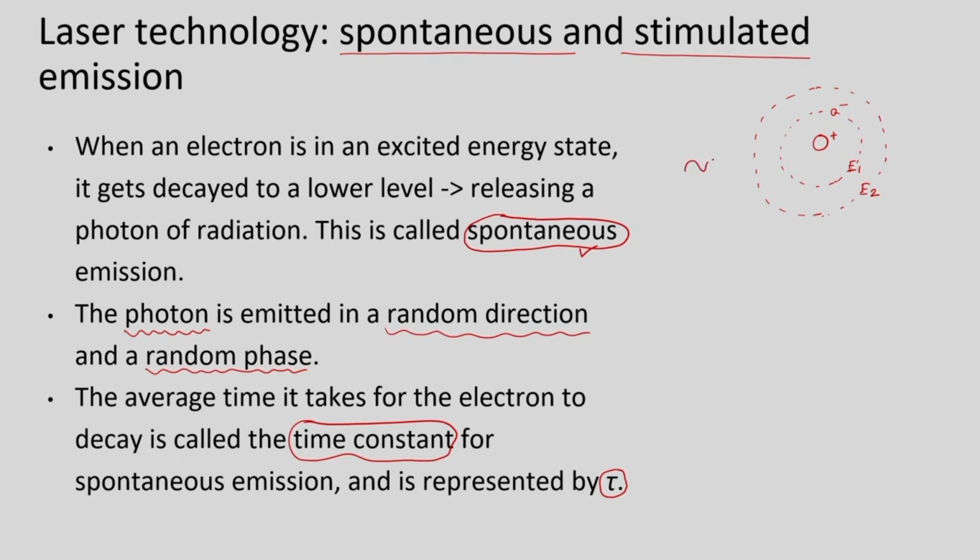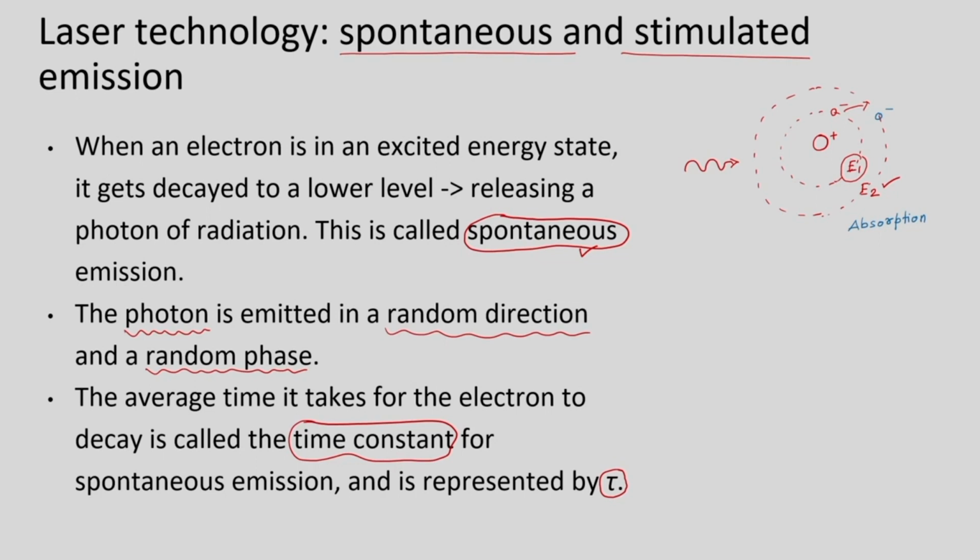When we apply the energy, so a photon has been applied here, this negatively charged particle which is at the lower energy state is getting energized and it will jump to the next energy state, that is E2. This process is called absorption. It is absorbing the energy and utilizing that absorbed energy to move to the next state.